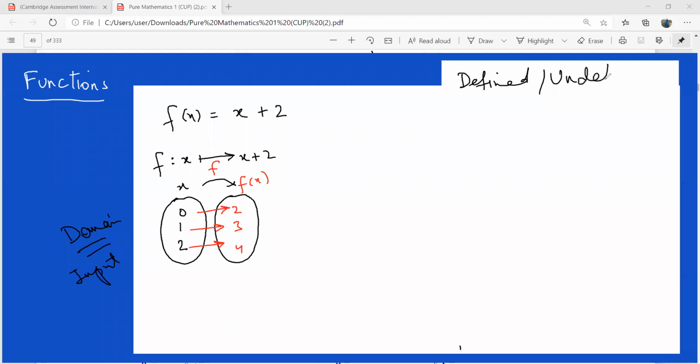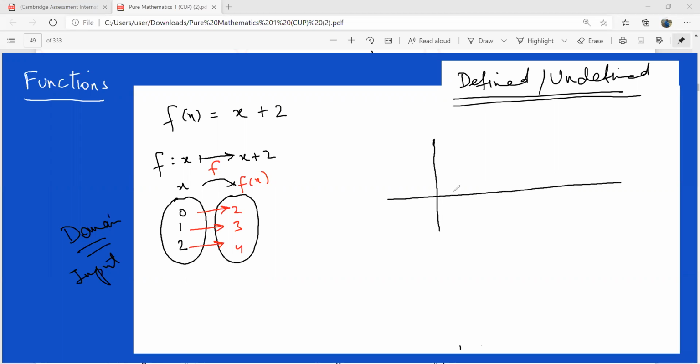Defined and undefined functions. Okay. Suppose you are a very mathematical person and you are drawing a curve. Suppose you started your A level mathematics at 80%, and then it went higher.